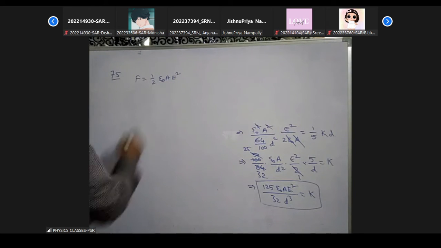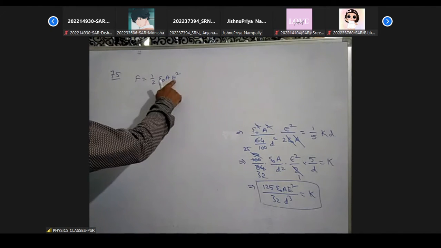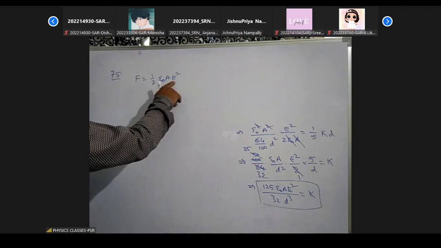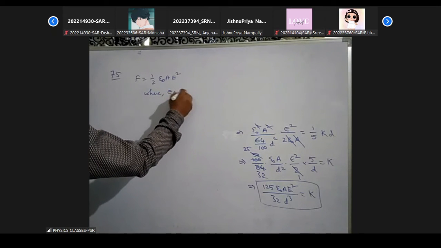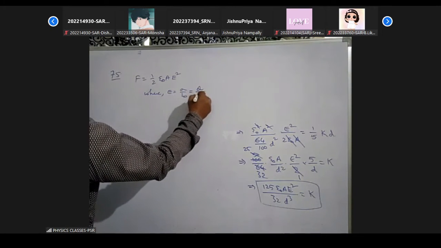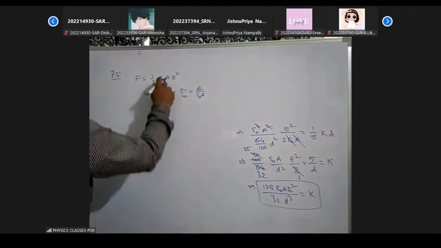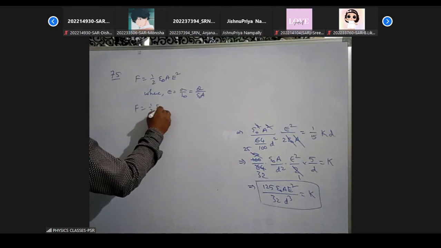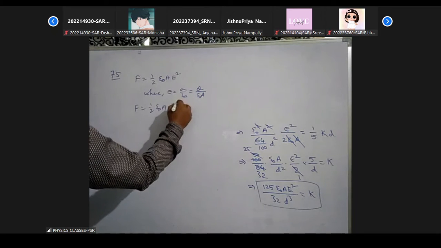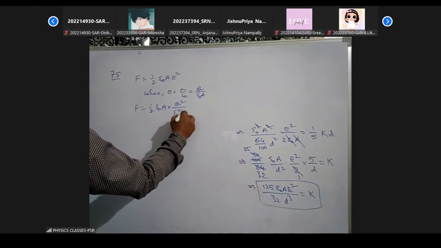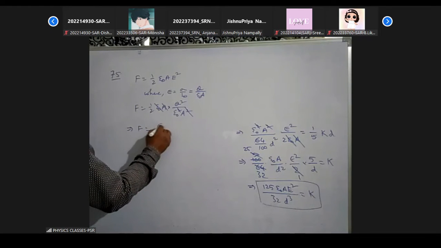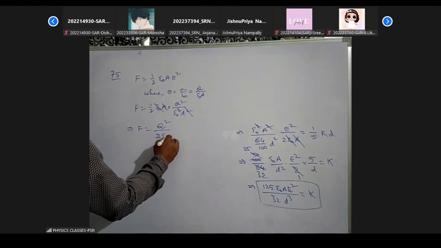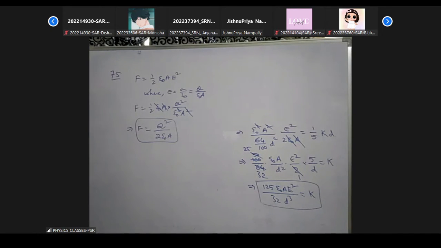Here it has a charge Q, so we should eliminate the electric field E, where E is equal to sigma by epsilon naught, which is Q by epsilon naught A. Substituting, F is equal to half epsilon naught A into Q square by epsilon naught square A square. A cancels, epsilon naught cancels, and we get F is equal to Q square by 2 epsilon naught A. So it is independent of distance between the plates.